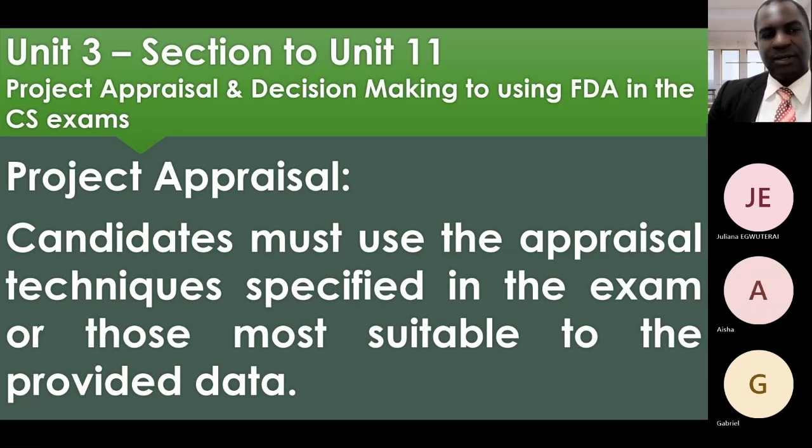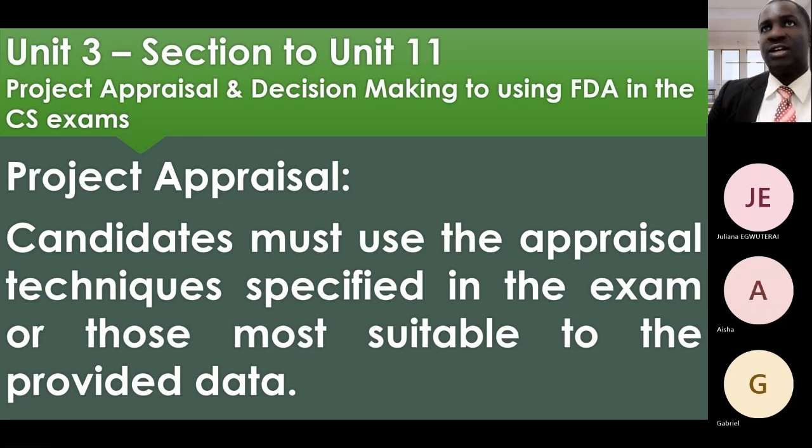We're looking at project appraisal, a very important part of requirement 2, where the examiner pimps very purposely. Mostly requirement 2 comes under project appraisal, and candidates must use the appraisal specified in the exam or those most suitable to the provided data.